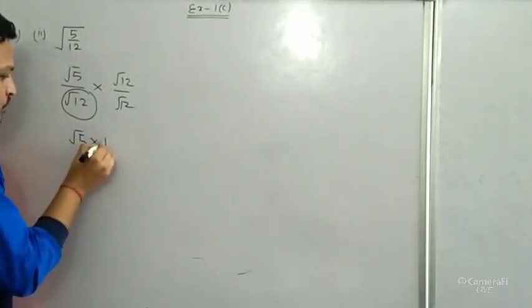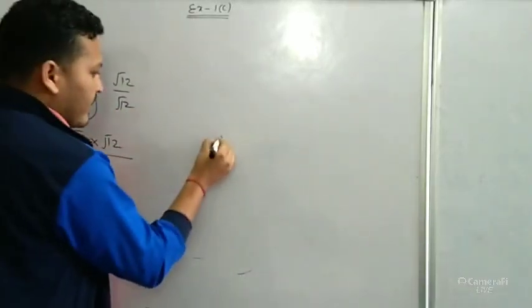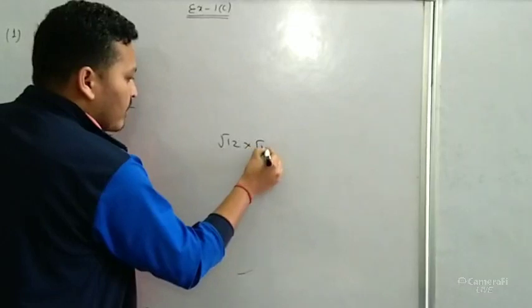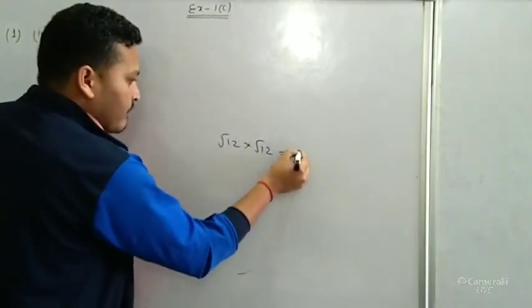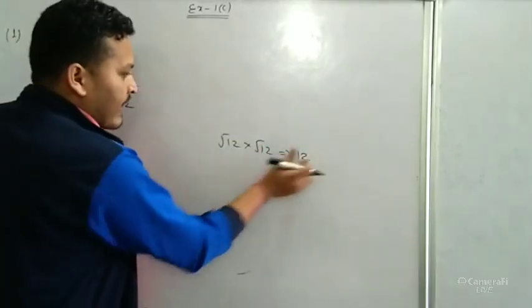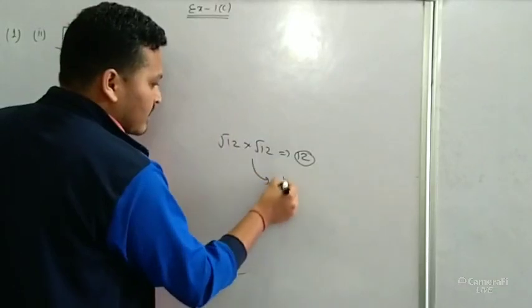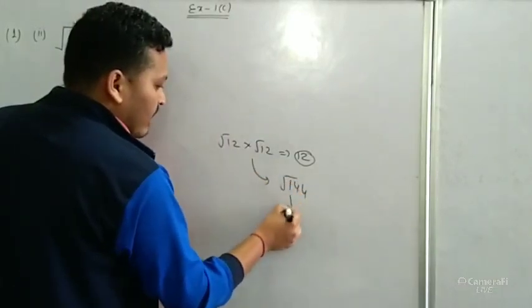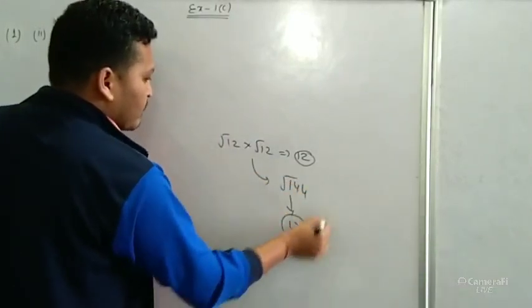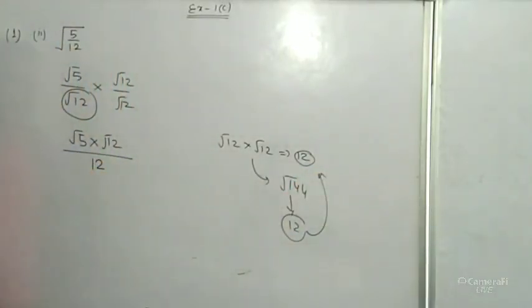Okay, then the answer: 5 multiplied by √12 upon √12 into √12. I already explained here, √12 into √12 we can write directly as 12. If two same roots come, the combined new number becomes the original number. But what else can we write? √144, and when we solve √144 it becomes 12. So 5√12 upon 12.